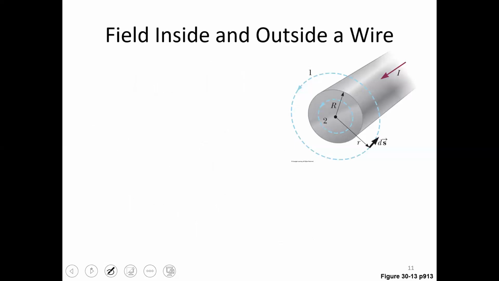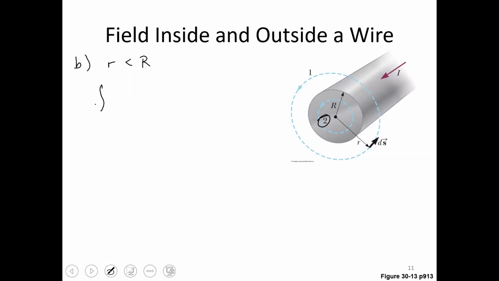The stretch in this example is the region where we are inside the wire. That's going to be described by this Amperian loop number 2.